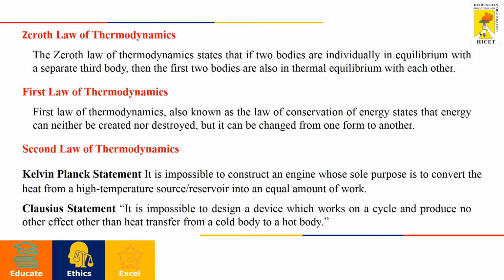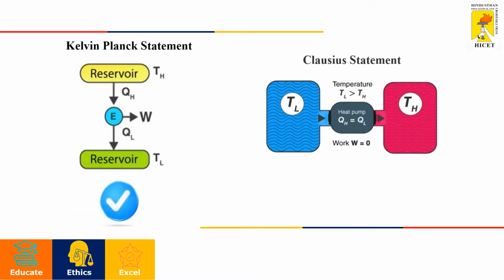That is what Clausius's statement says. This statement is the foundation for the refrigeration and air conditioning system. We need some external device to move heat, either from cold body to hot body or hot body to cold body.